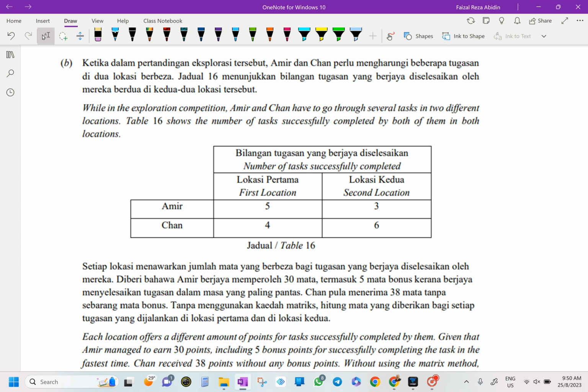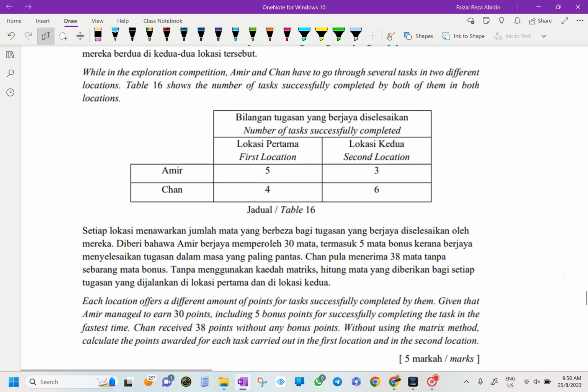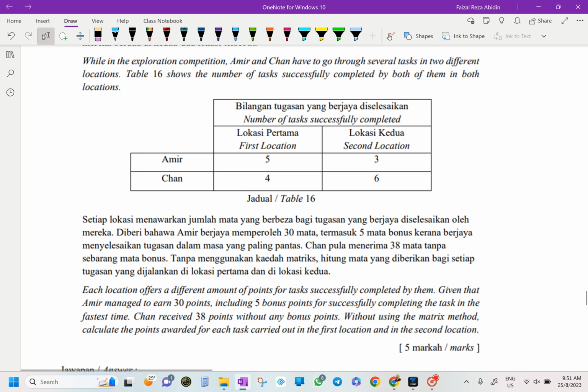Table 16 shows the number of tasks successfully completed by both of them in both locations. We have the first location and the second location. Each location offers a different amount of points for tasks successfully completed by them.